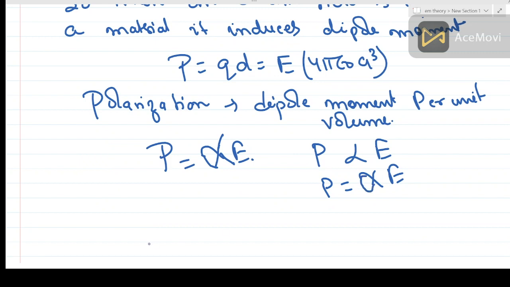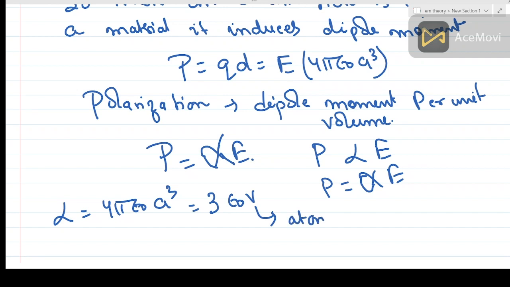So from comparing these two expressions, you can write alpha is equal to 4 pi epsilon naught a cube. And if you are considering the volume of the atom, you can write this in terms of volume. It is 3 times epsilon naught V. This is the atomic volume.